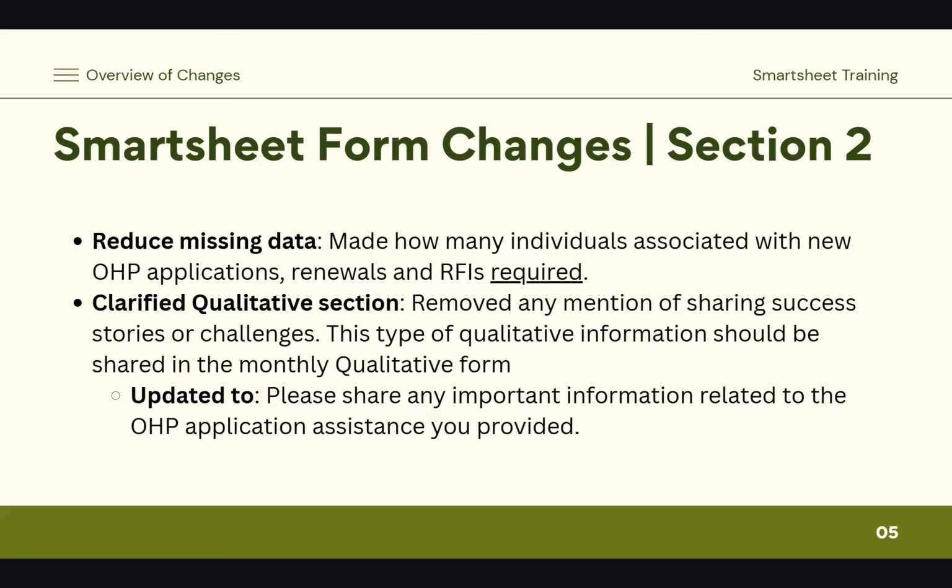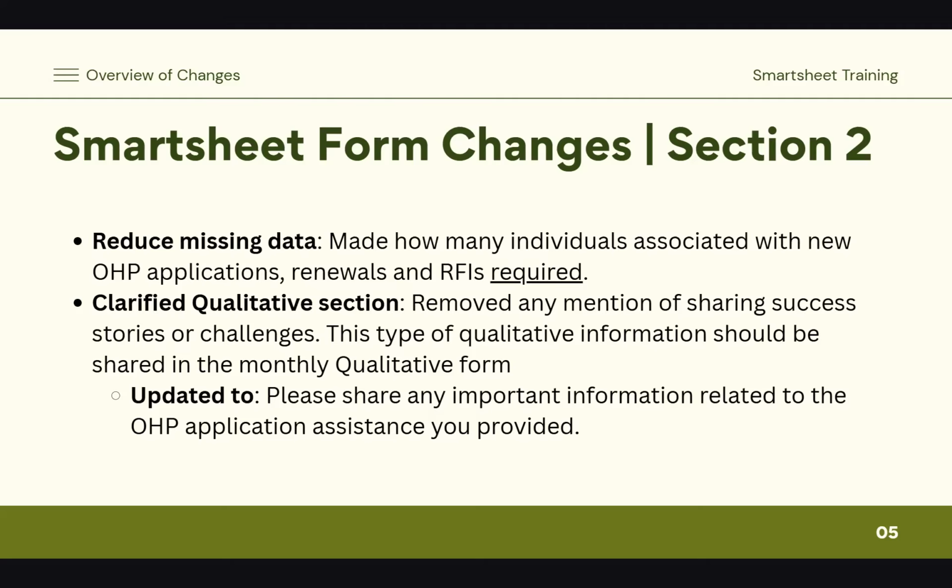So the first change we are going to make, or that we will be implementing, is to reduce missing data, which was kind of the problem that people brought up. We will be making the questions that follow, let's say if you select that you are supporting a member with an OHP application, it then asks you how many individuals are associated on that case.